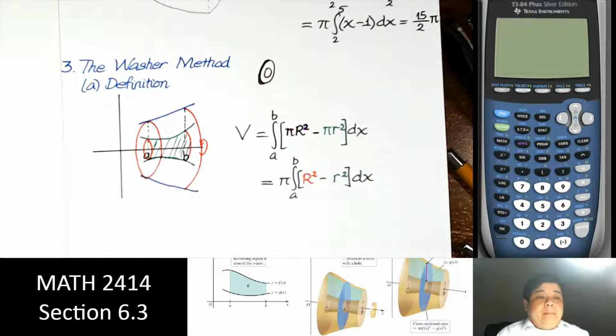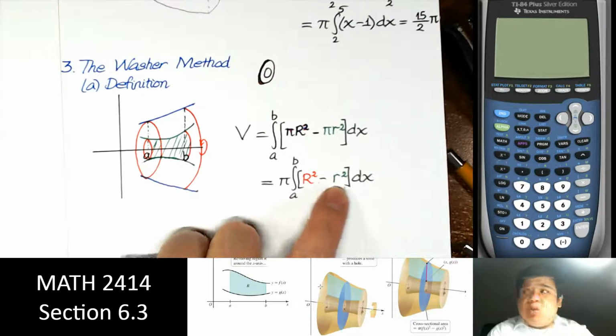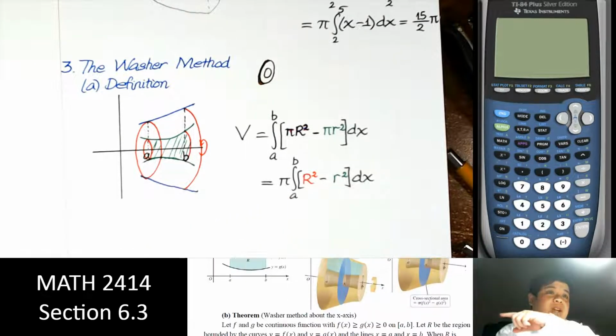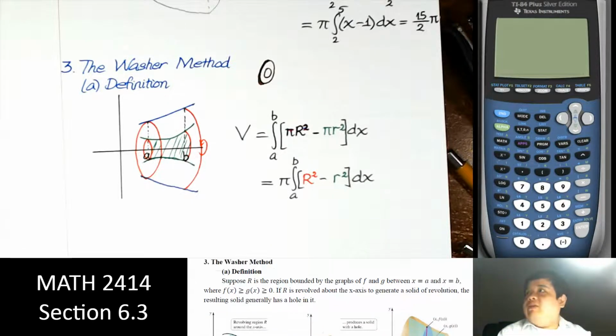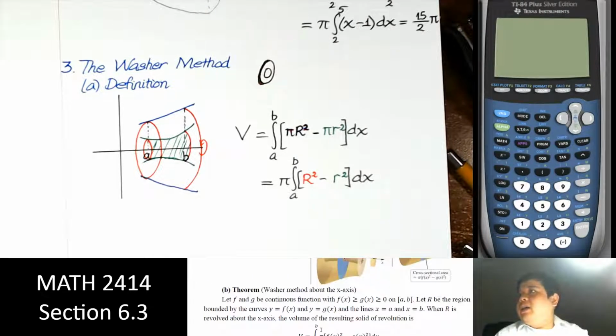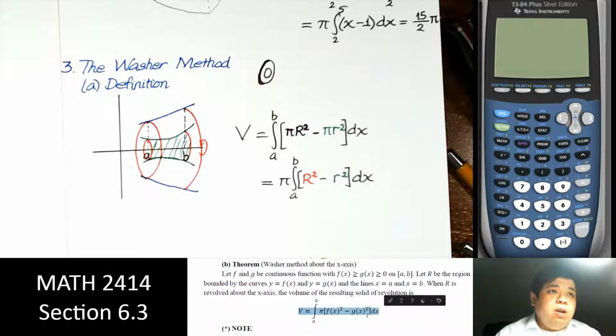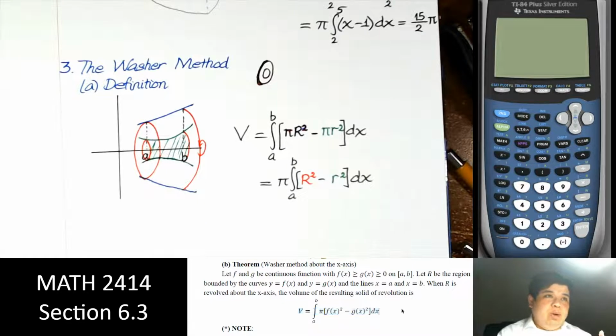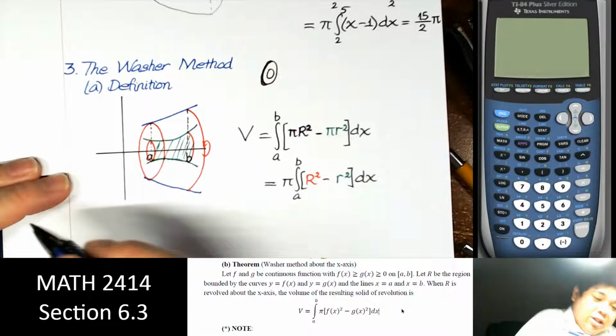So we have the whole thing and then take out the hollow region in the middle. That's pretty much it. The reason I don't want to write this as f of x or g of x, like what we have in the notes, is that in general it's better to define it without the x or y values in the formula.